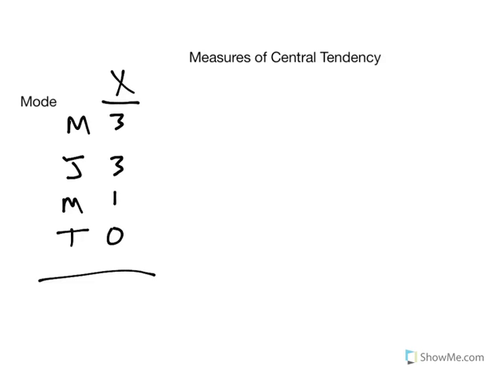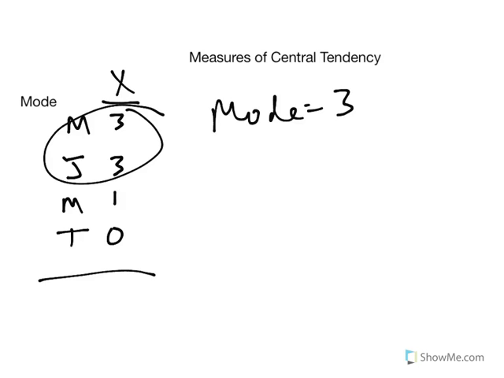So, which of these scores is the most frequently occurring? Which one happened the most? The answer is 3. So this is pretty simple. The mode is equal to 3.